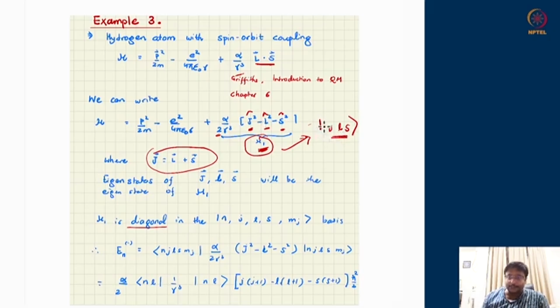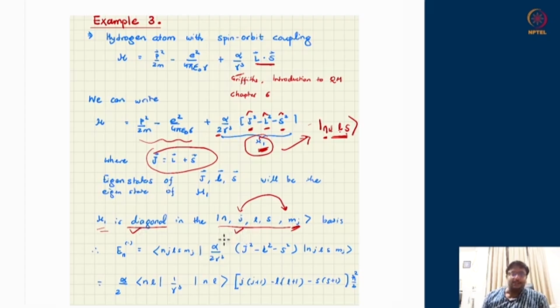And if it has the information of n, then it is an eigenstate of the unperturbed Hamiltonian as well. So if I write things in a basis n, j, l, s and mj, the z component of the total angular momentum, then I know this is a basis in which H0 is diagonal as well as H1 is diagonal. So H1 happens to be diagonal in this basis.